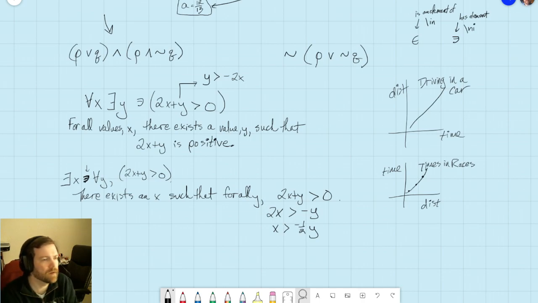Anyway, wedge in V, yeah. I mean, they're both wedges.